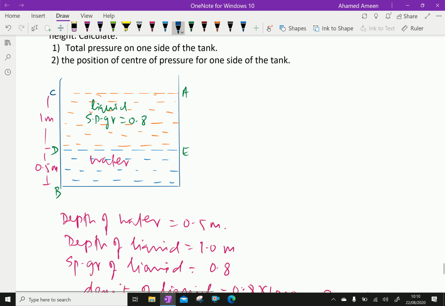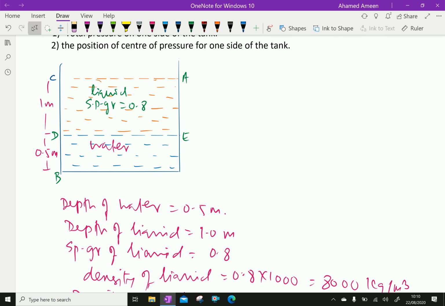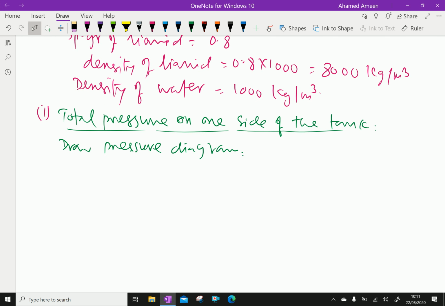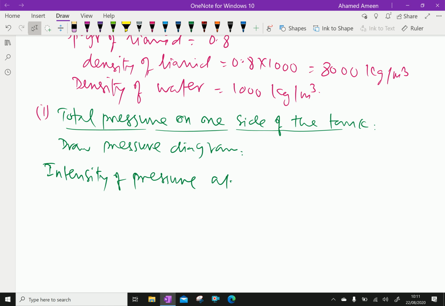Position C. Now here the intensity of pressure on top: suppose we write PA must be 0.